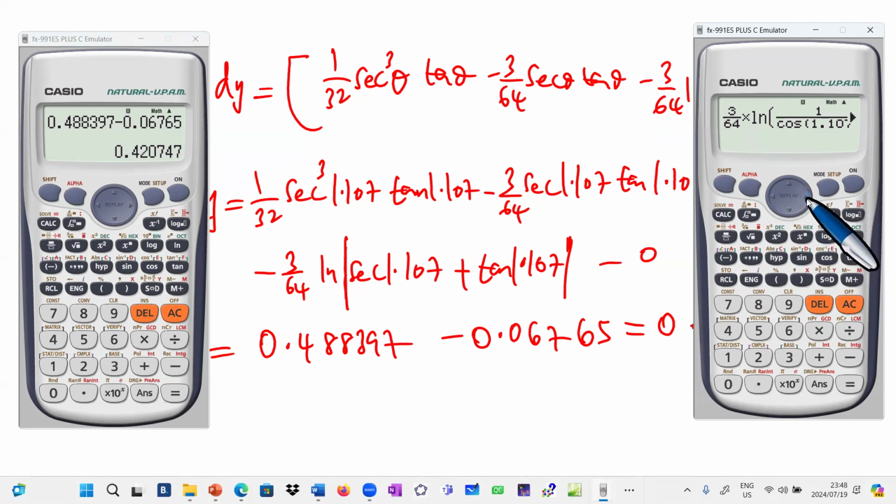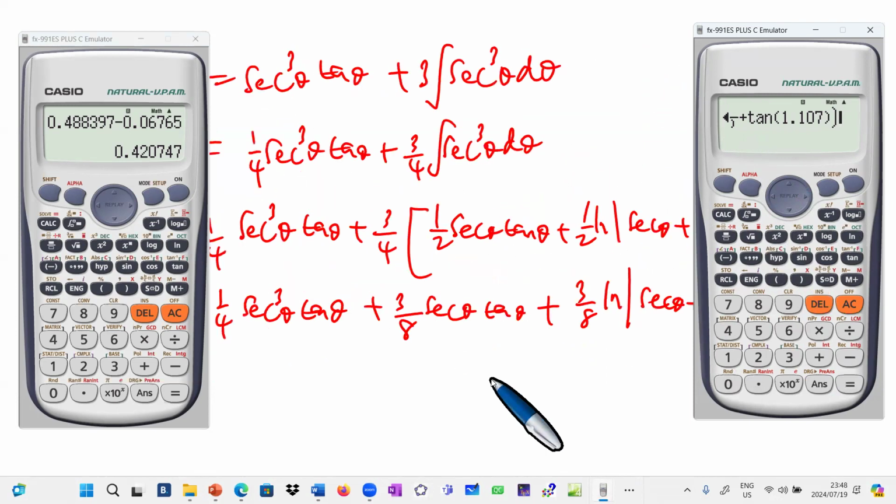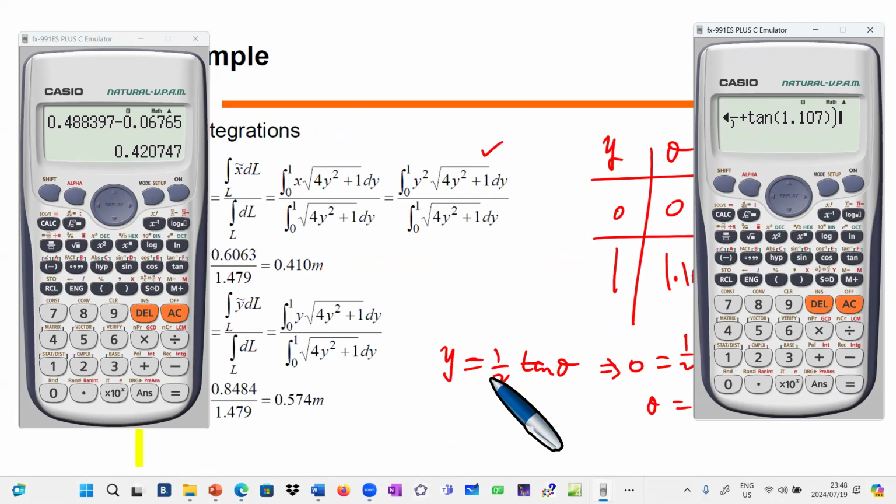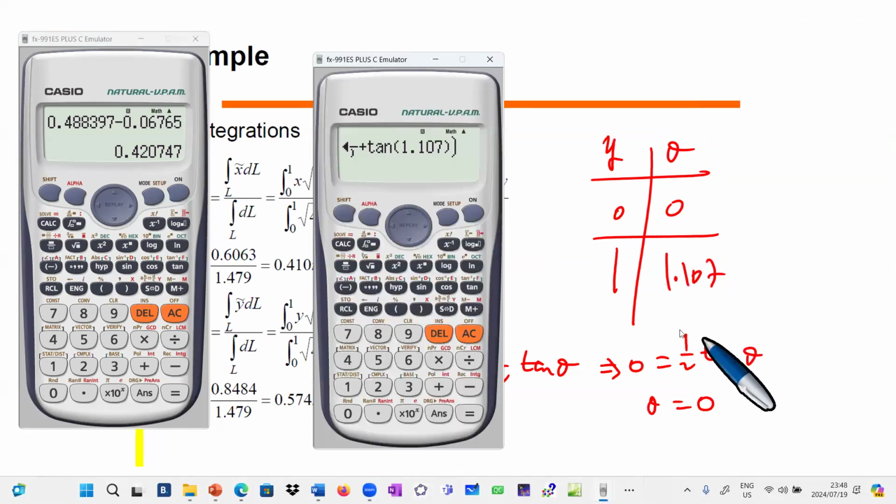Check 3 out of 64 in the ln of that. We're trying to check all the details. 1.107 is actually what you're getting for the y.